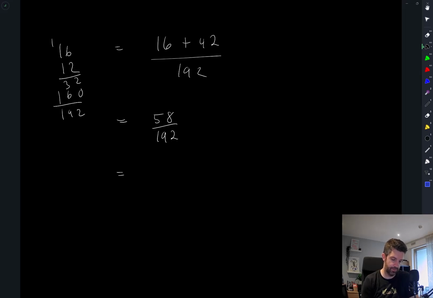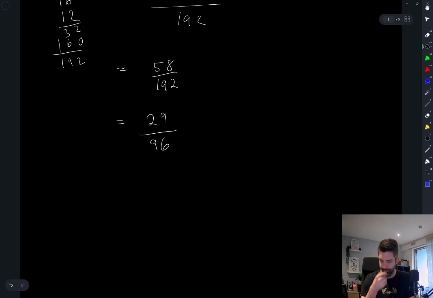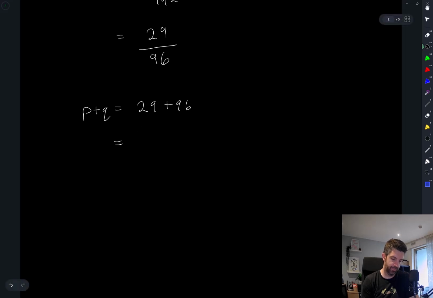Divide that by 2, and that's 29 over 96. 29 is prime, right? Okay, so I get that P plus Q is equal to 29 plus 96, which is 125.